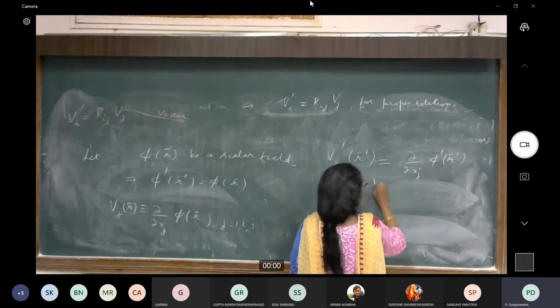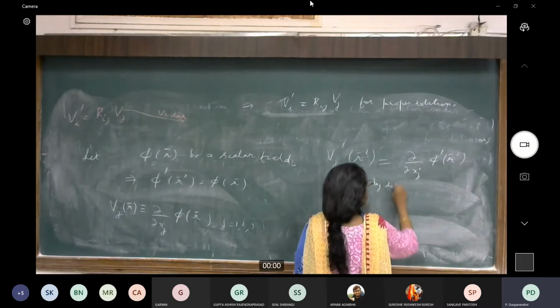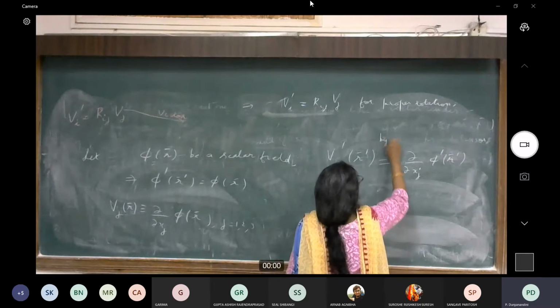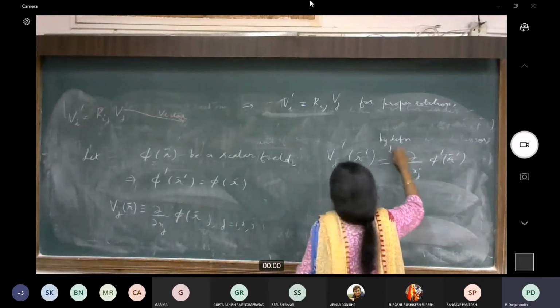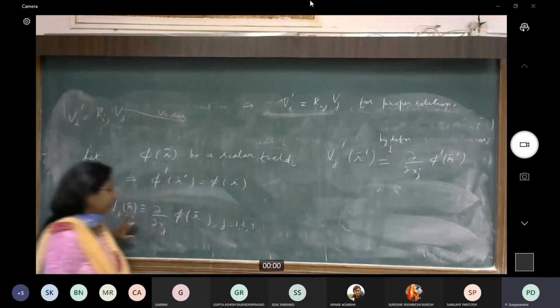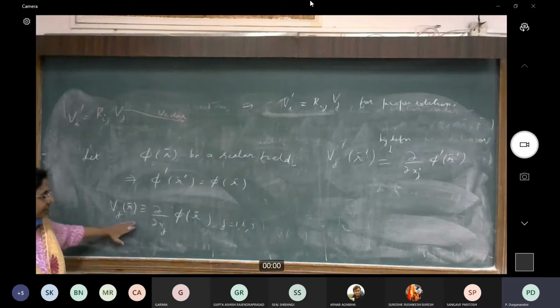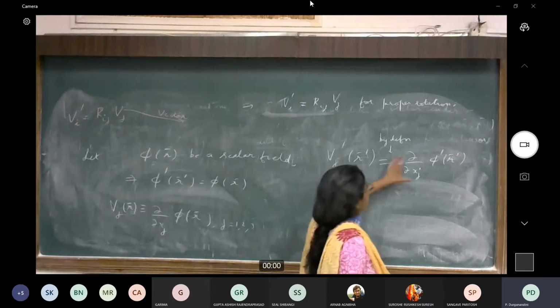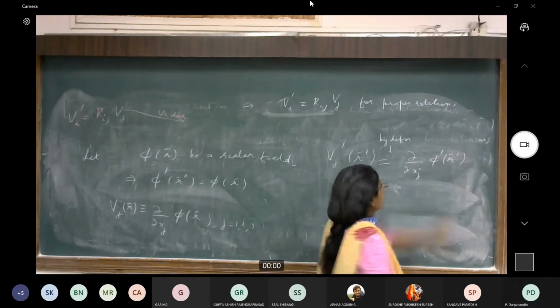This is by definition. Agree? Once I've defined some object like this in one particular basis, then the same definition should hold in any other basis. So I've just taken the definition: V j prime of R prime is del by del x j prime of phi prime of R prime.